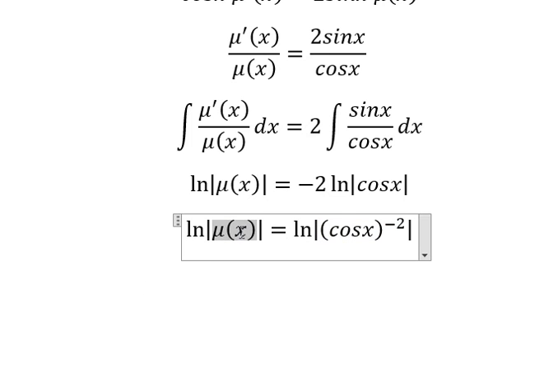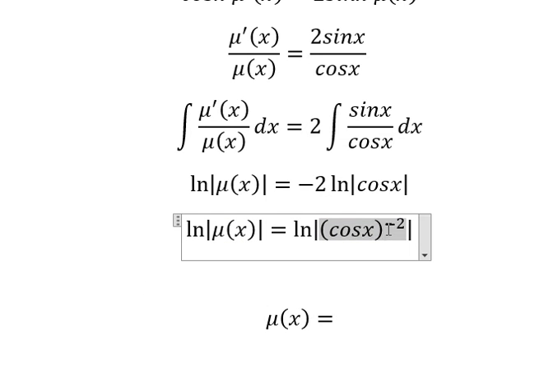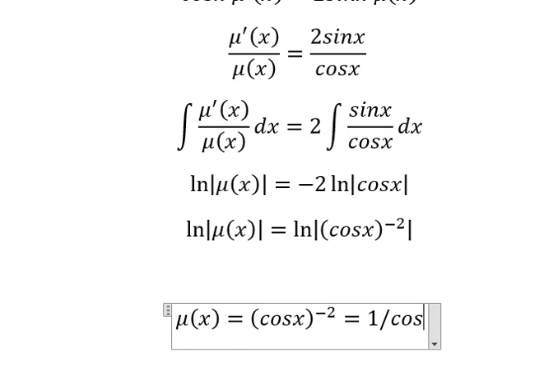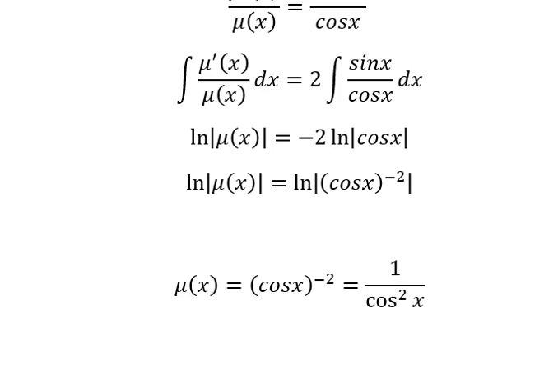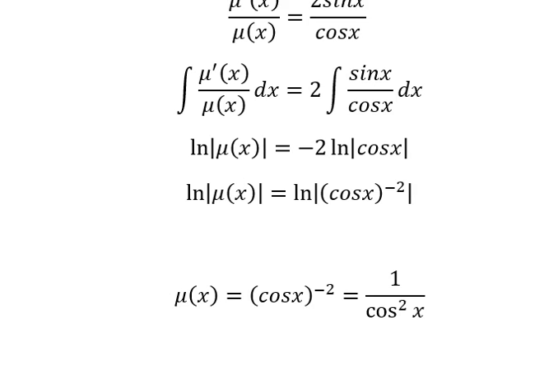And now we have mu x equals to this one. And we have 1 over cosine x squared. That means we multiply both sides by 1 over cosine x squared.